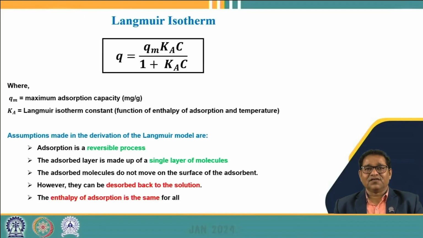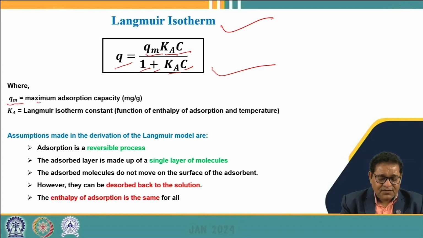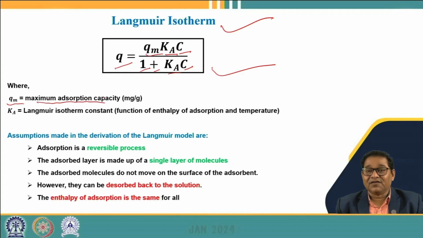So let us discuss the first isotherm, which is the Langmuir isotherm. This is the equation: Q is equal to Qm into Ka into C divided by 1 plus Ka into C. Qm denotes the maximum adsorption capacity, with the unit milligram per gram of adsorbent.